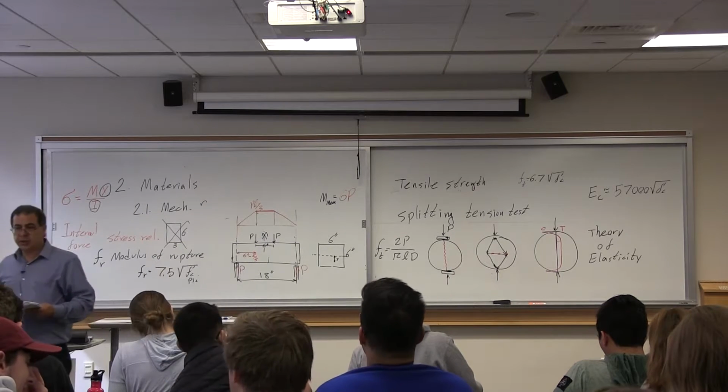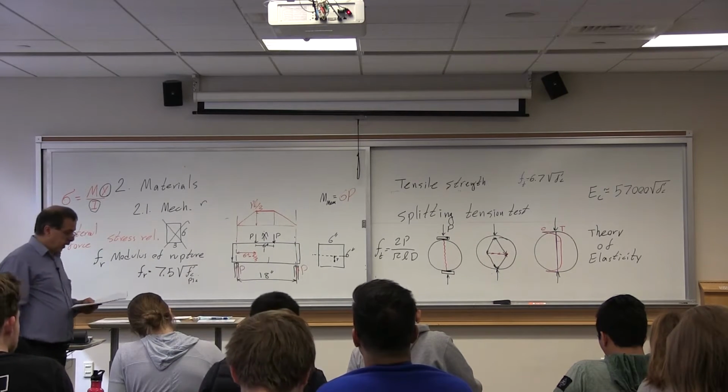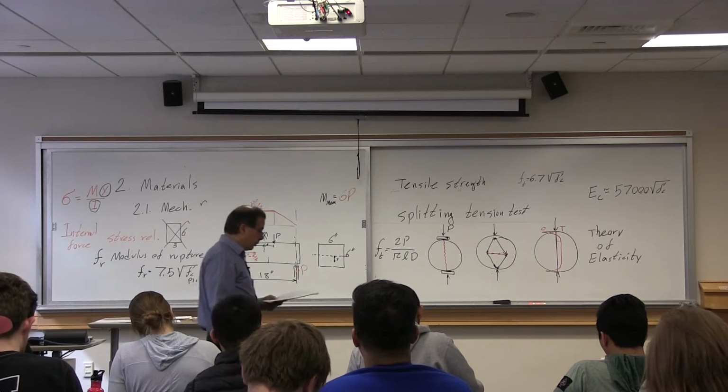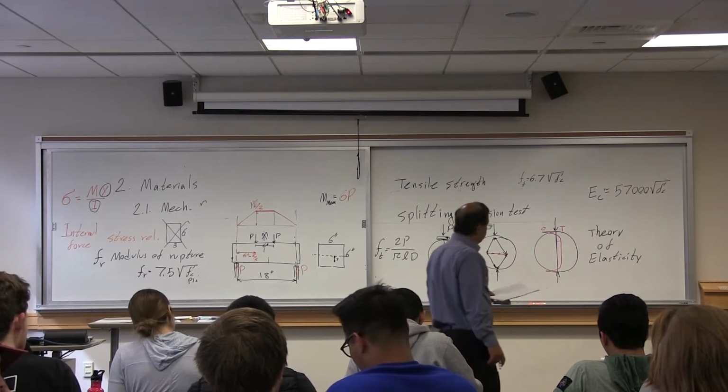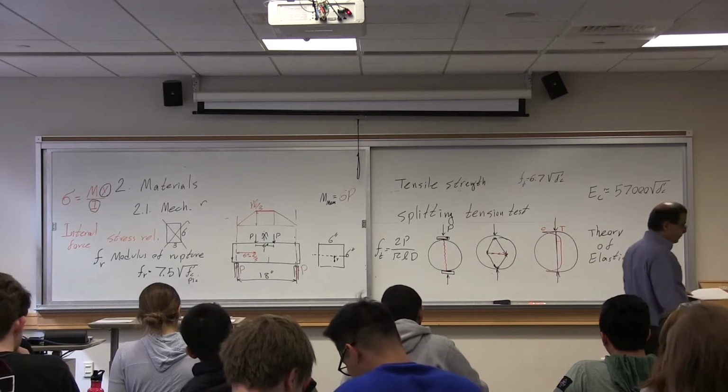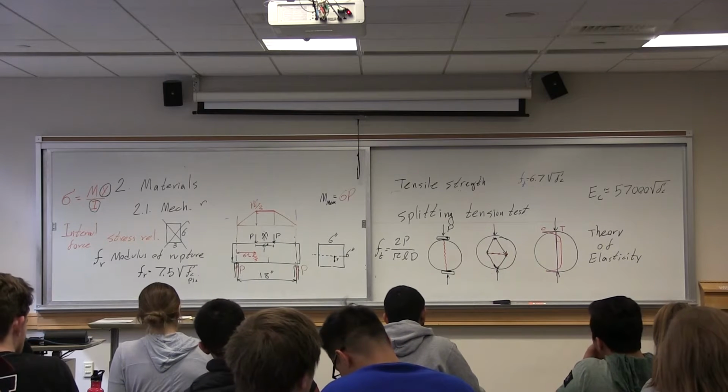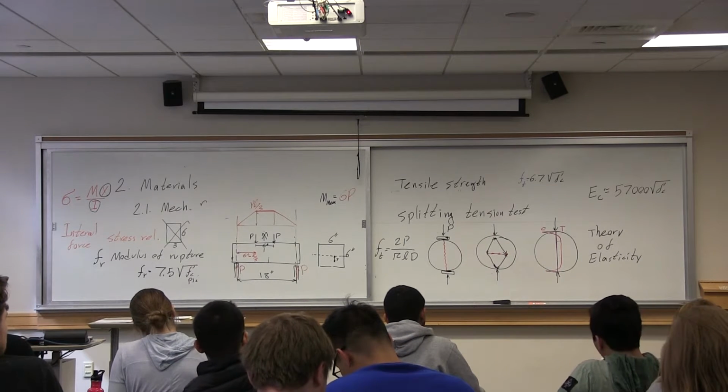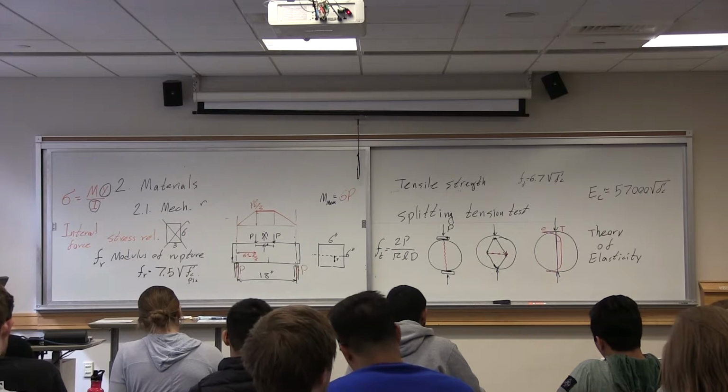That's an approximation to the previous equation, where I gave you 33 wc to the power of 1.5 times root of f prime c. This is if, let's say, your concrete is 135 pounds per cubic foot.